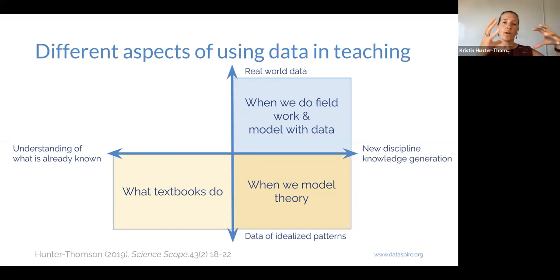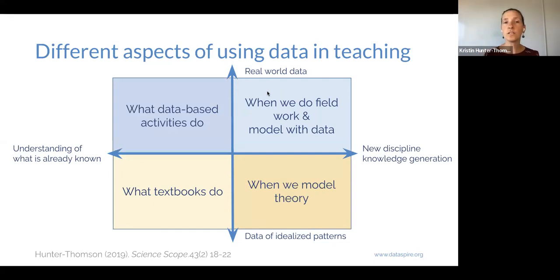Professionals, when we are looking at data of idealized patterns to generate new knowledge for the world, this is where we can model theory of understanding of how the system works that can then build up and inform what we do in the field.